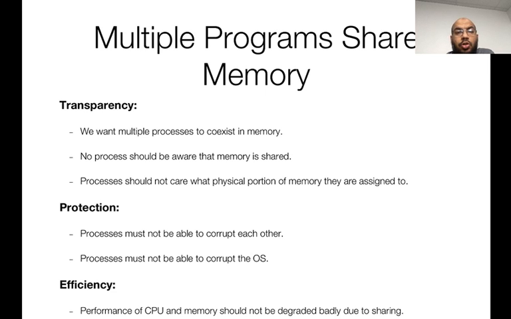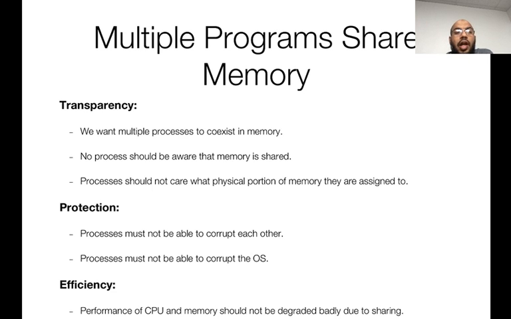Malicious processes try to read the memory of other processes. So if you have multiple programs sharing memory, you need three things. First of all, transparency. Second is protection, and the third is efficiency. Transparency is that the operating system gives the process the feeling that it's the only process running on the memory. No process should be aware that the memory is shared or how it is shared.